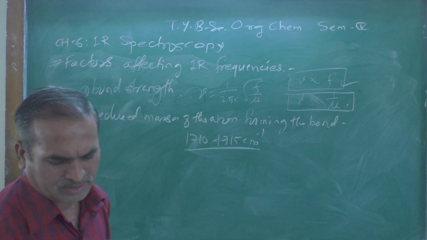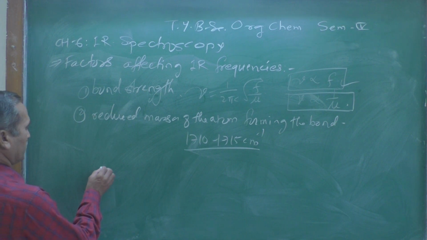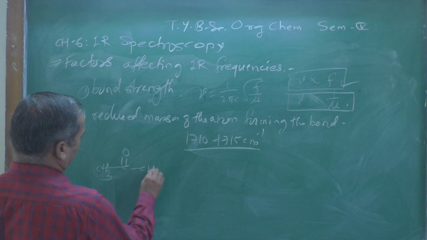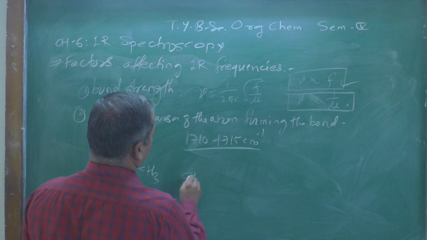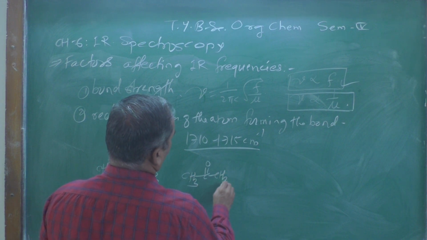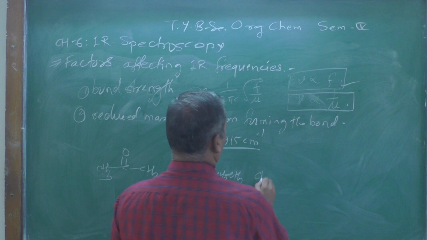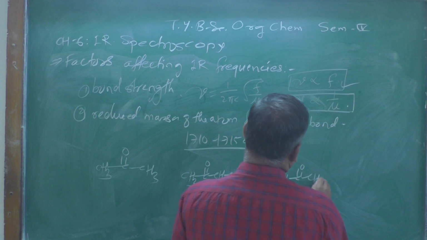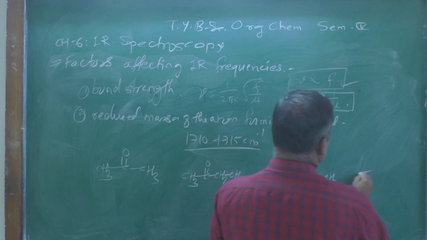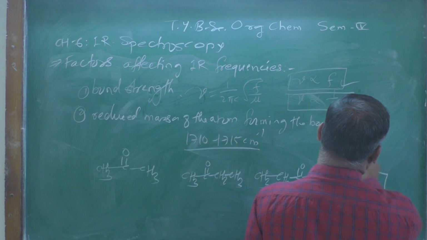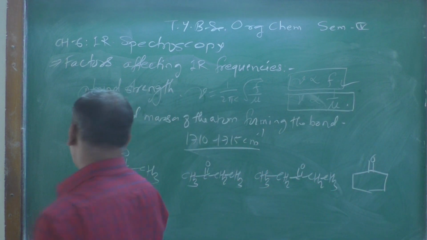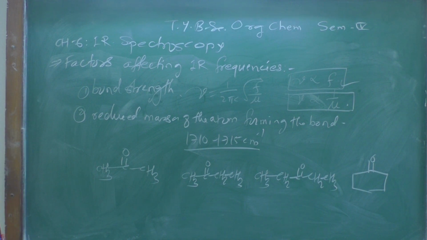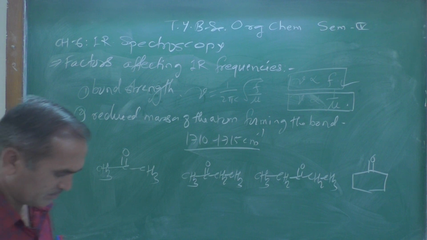Let's see over here, there are some structures which I am writing here. You can observe these structures. CH3, C double bond O, CH2, CH3. Then CH3, CH2, C double bond O, CH2, CH3. And this one is cyclohexanone, and all are saturated carbonyl compounds.